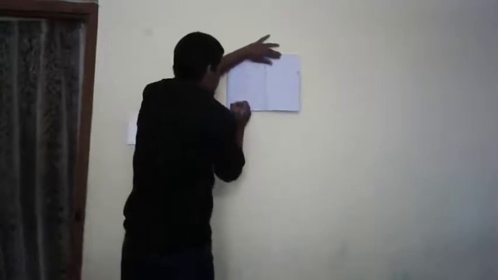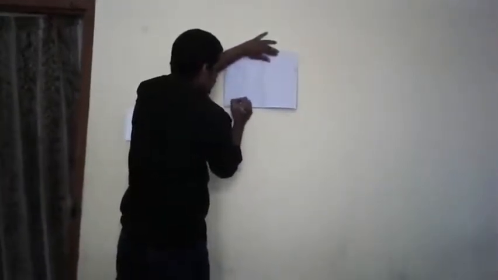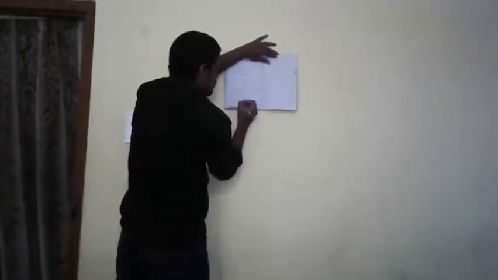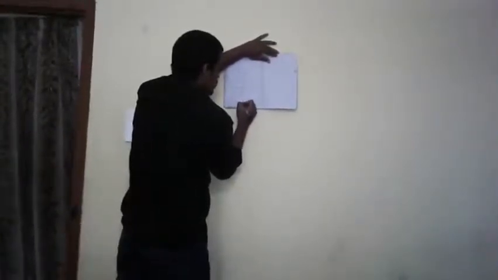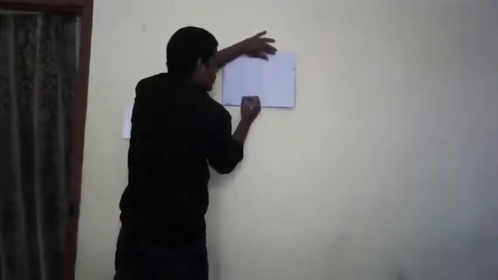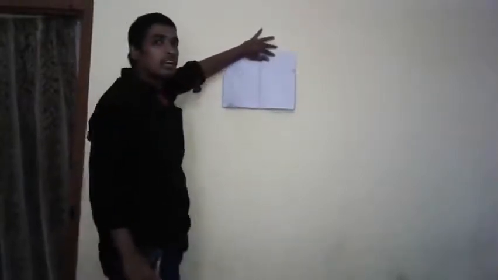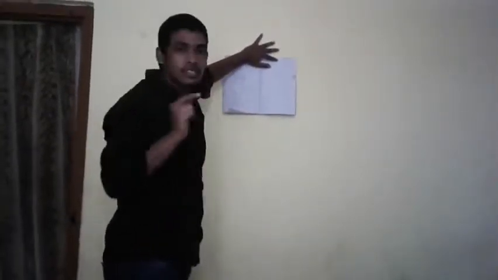For parallel, this is parallel. For parallel, we can directly calculate using the formula R equivalent parallel equal to R1 into R2 by R1 plus R2. So this is another formula to calculate the resistance in a parallel circuit.